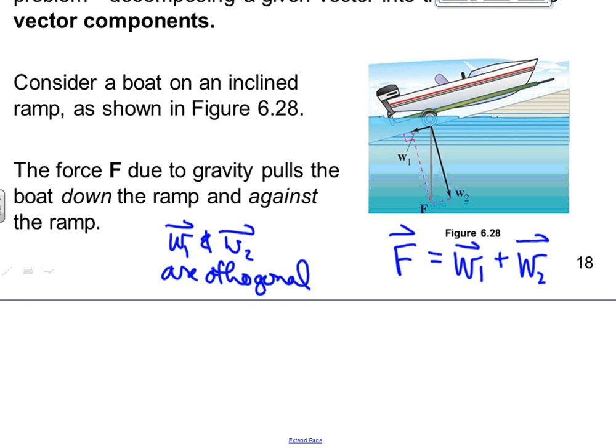And then we can also say that the negative component of W1 is the force needed to keep the boat from going down the ramp, and W2 is the force that the tires have to withstand against the ramp, pushing against the ramp as we look at that.